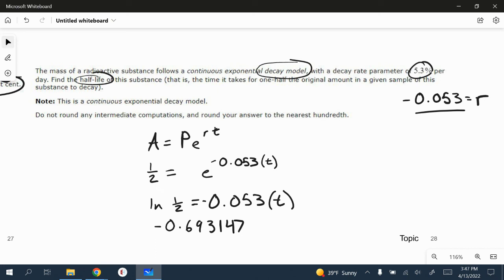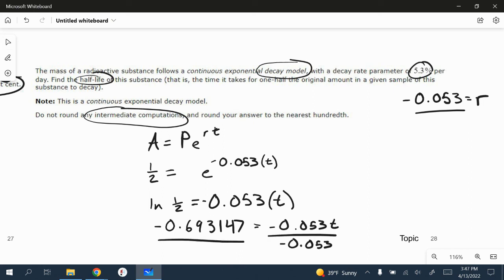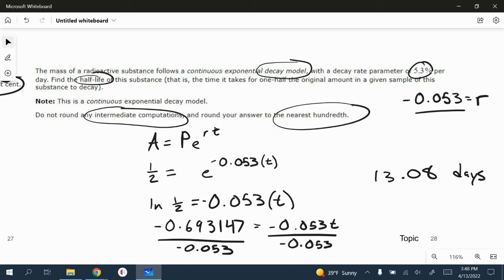Trying not to round early here because it says don't round early, no intermediate computations. Equals negative 0.053t. If I divide both sides by that negative 0.053, you should end up getting 13.08 days. And it says round your answer to the nearest hundredth. So that's what we did. And this should be your final answer for topic number 28.